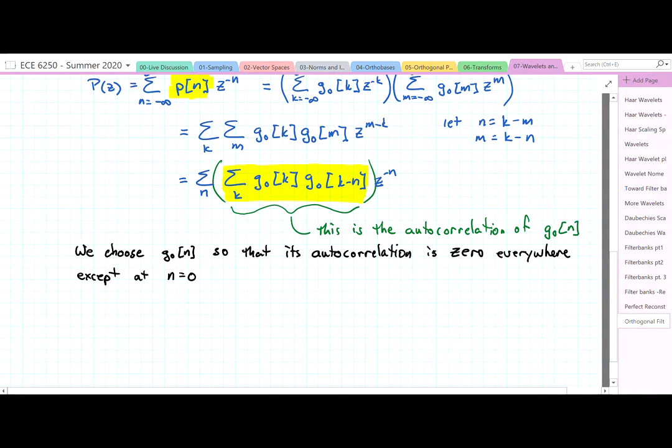And then we use our previous relationships to get our other filters.